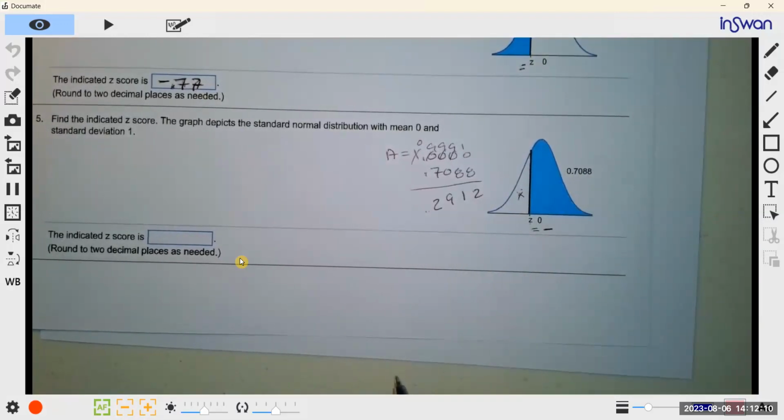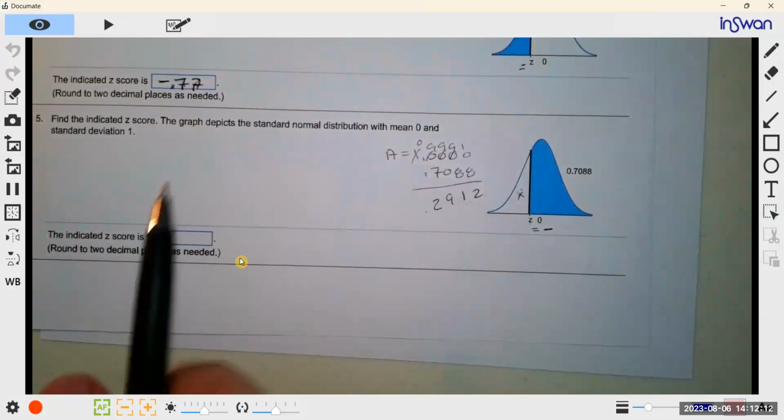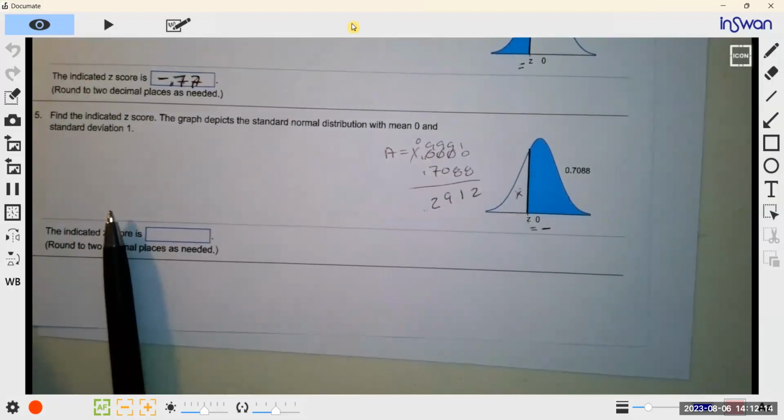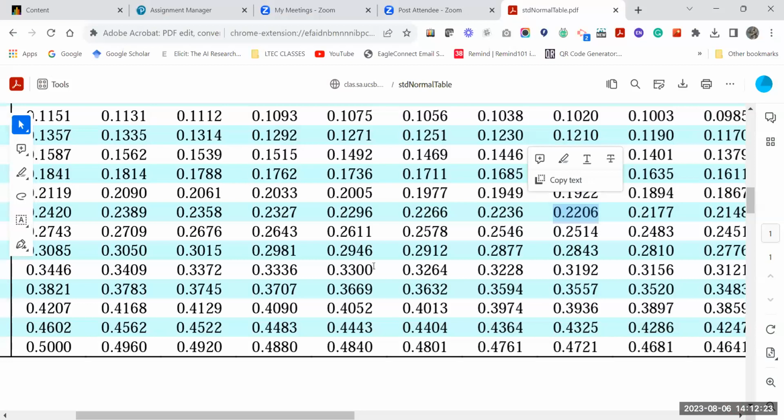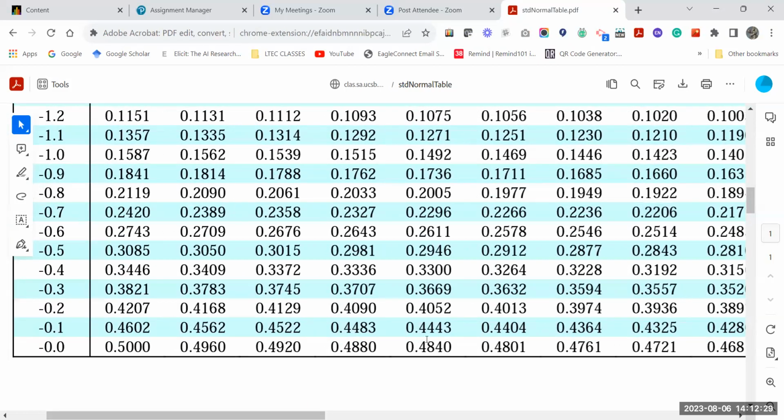Okay, so let's look at that. We're looking for the area of 2912. 2912 is here.